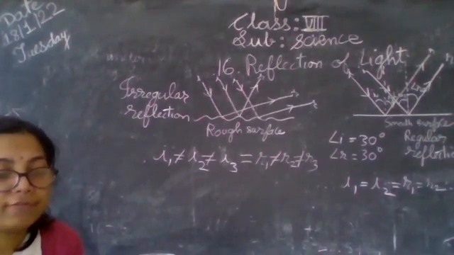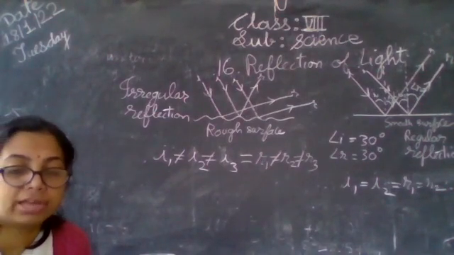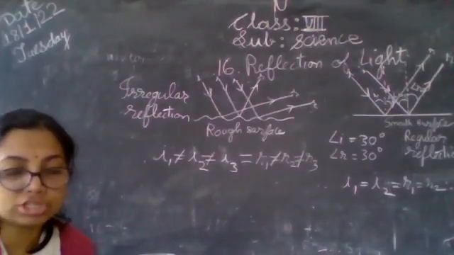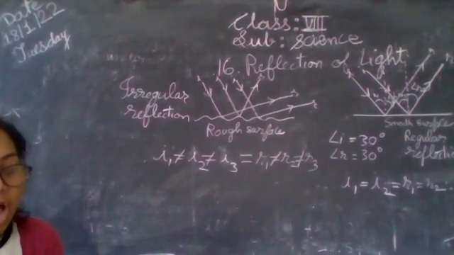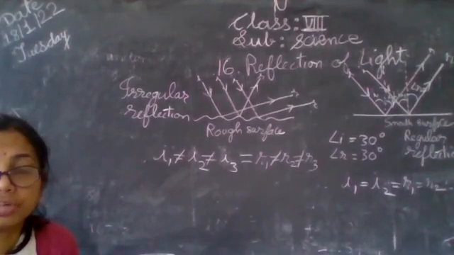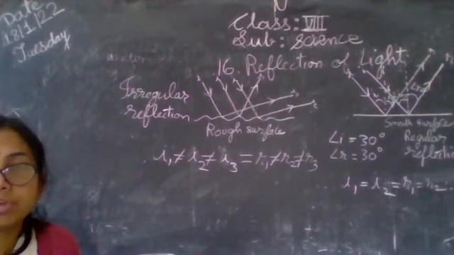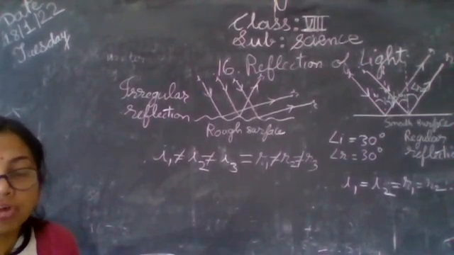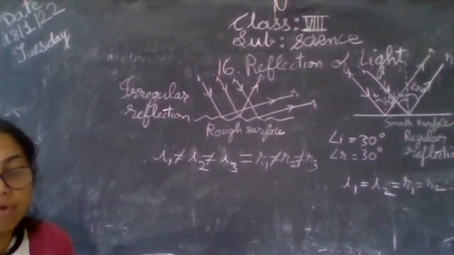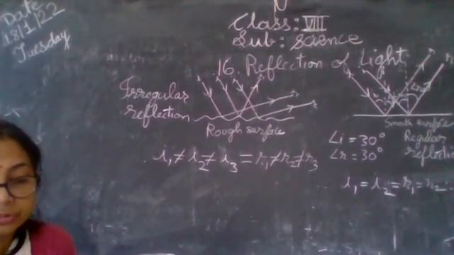And the scattering of light in irregular reflection is not because the laws of reflection are not followed, but because the surface is rough. Only due to the rough surface, the laws cannot be seen properly in case of a rough surface.